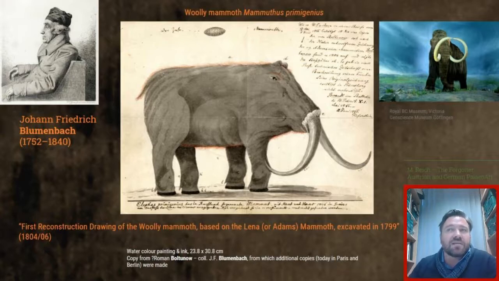Since that time, the artistic approaches to depicting fossil organisms and landscapes changed profoundly, as you can imagine here, with the first reconstruction drawing of the woolly mammoth in the center of my slide, in comparison to a modern reconstruction like this diorama at the Royal BC Museum in Victoria, Canada.